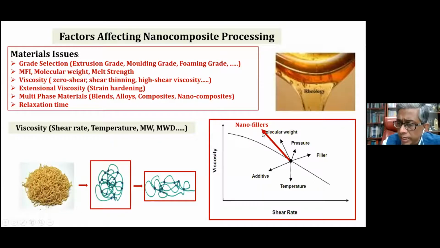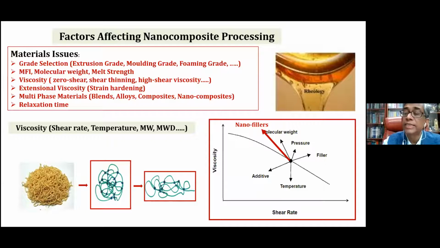If we look at viscosity versus shear rate, molecular weight affects it, pressure affects it, filler affects it, all increase it. Additives are available which lower it, and temperature lowers viscosity, but nanofillers tremendously increase the viscosity, and this is one of the indications that the nanofiller is there in the polymer matrix.